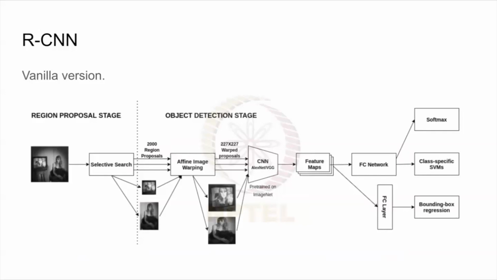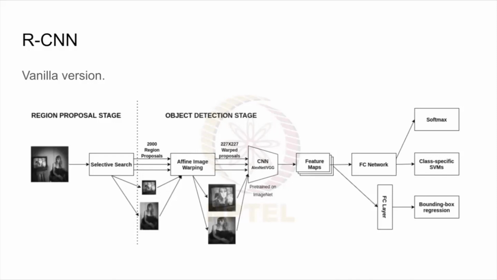We can say it as 3,000, or 4,000, or 2,000, or just 1,000. But what the selective search algorithm does is it gives region proposals, and let's say luckily it gave the region proposals of these two objects separately.